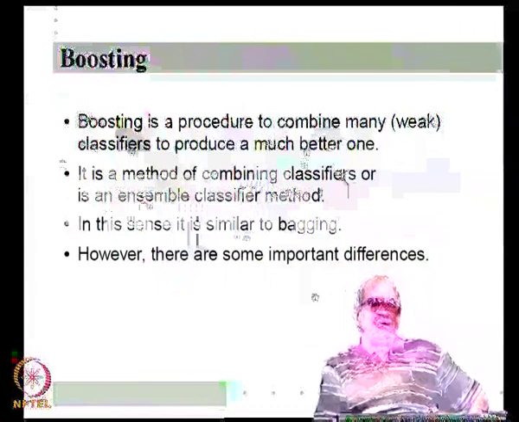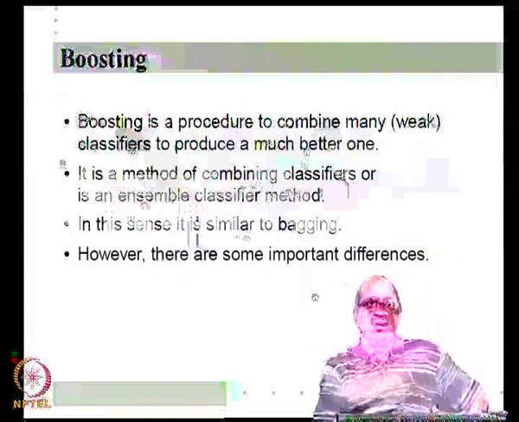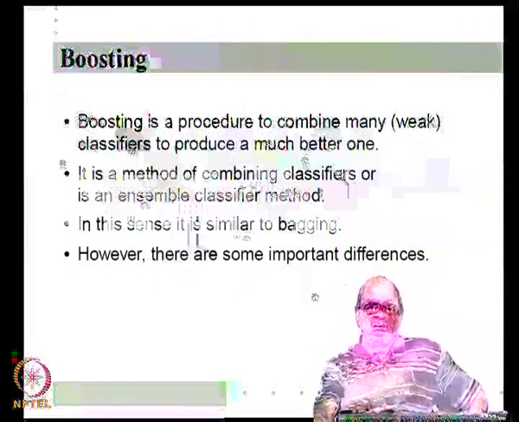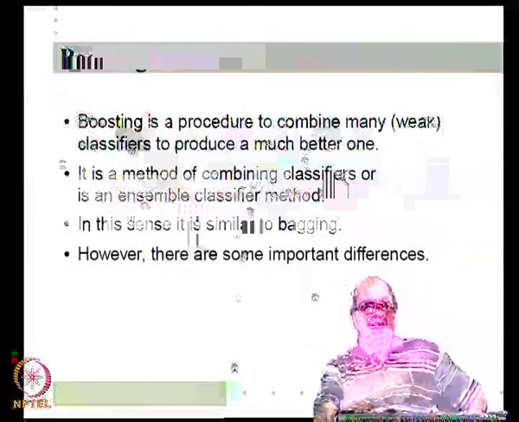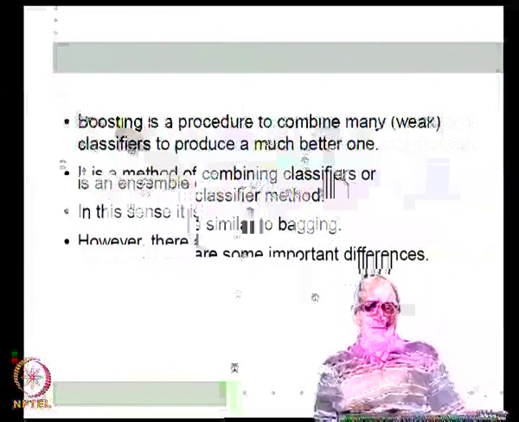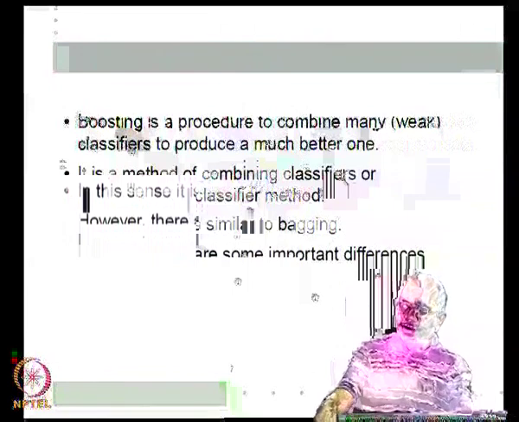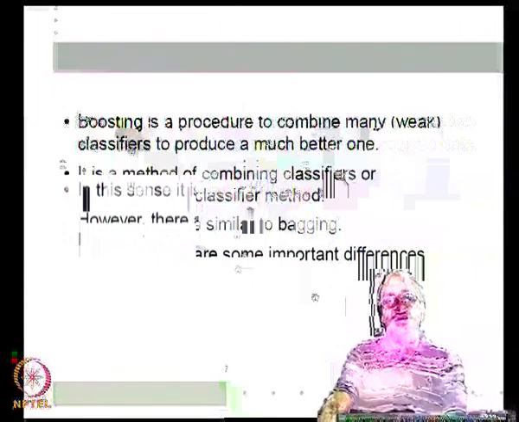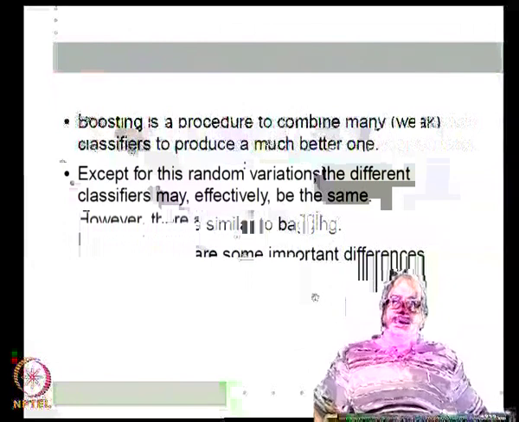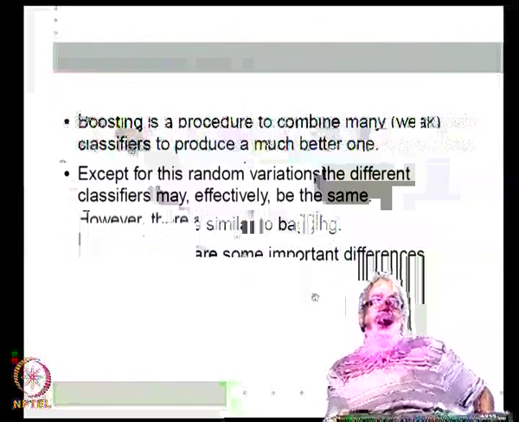In bagging, we are just taking B classifiers trained on random data sets and taking their average. But boosting is not quite that. In bagging, the different classifiers are trained on data sets which are just randomly sampled from the given data. So, any variation in different training data sets essentially comes out of this random sampling.